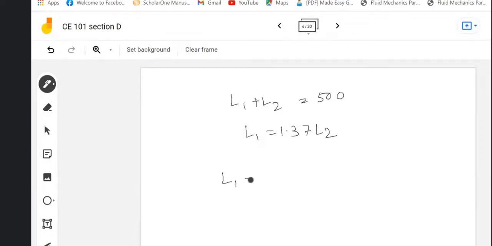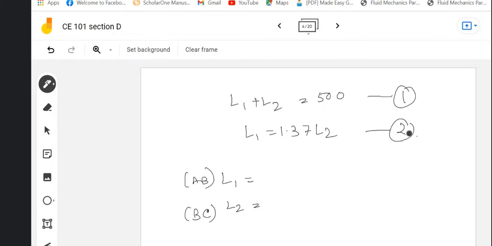Now please quickly tell me the values of L1 and L2. L2 is about 210.9, so L1 is about 289 and L2 is about 211. So this is the answer for L1 and L2.